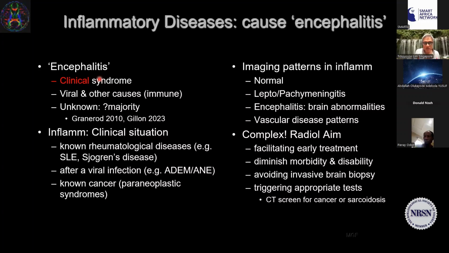That clinical syndrome is very often caused by an infection, but it can also be immune mediated. In reviews that were performed, for the patients that present to hospital with encephalitis, a large majority of them in the past were unknown. Now we can detect the virus by PCR more readily, and more viruses are being identified.